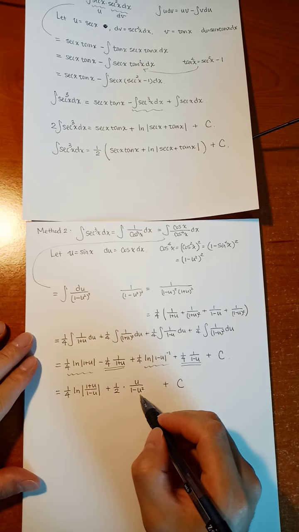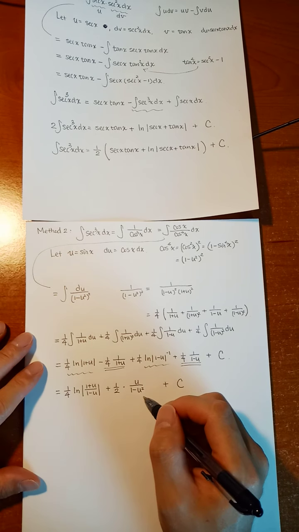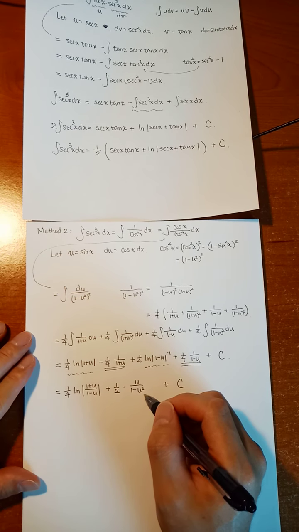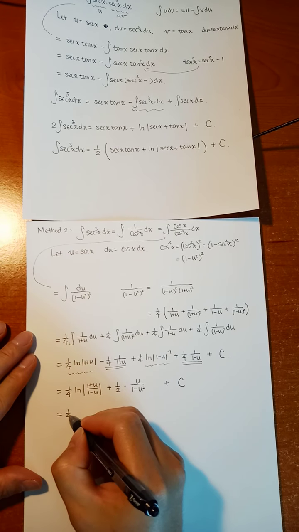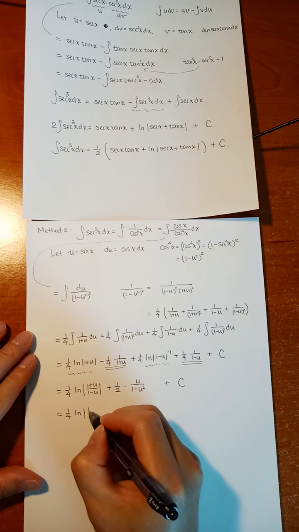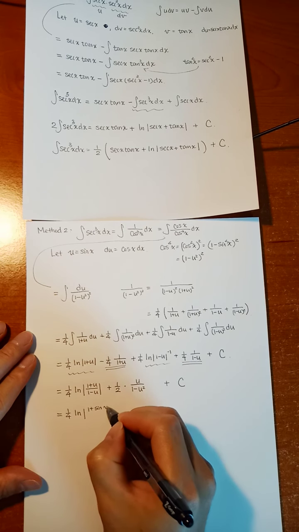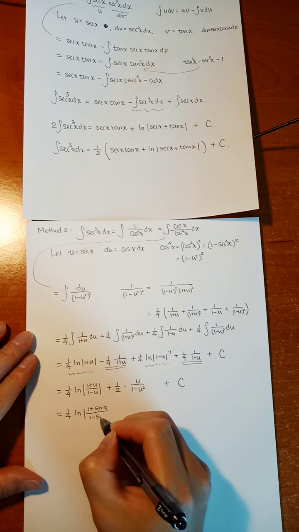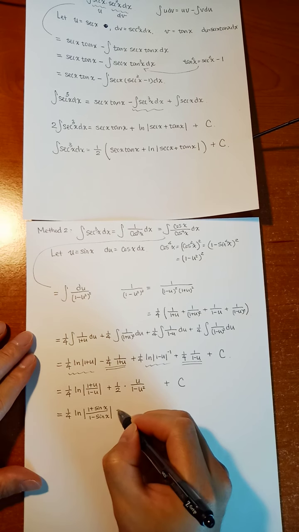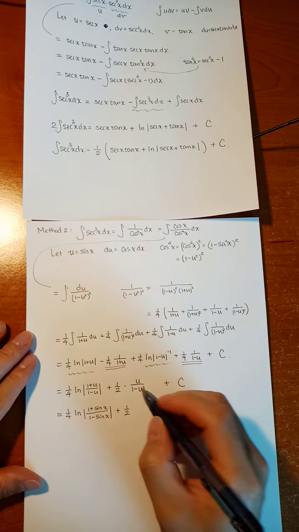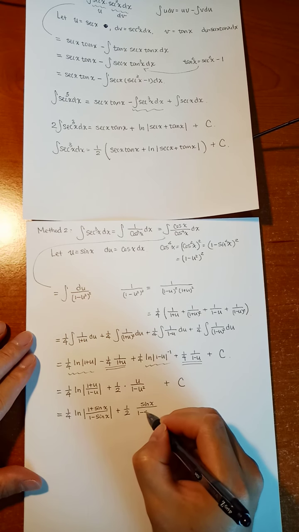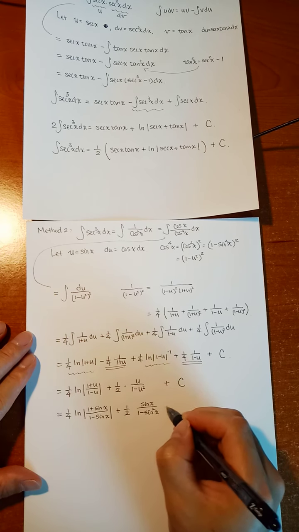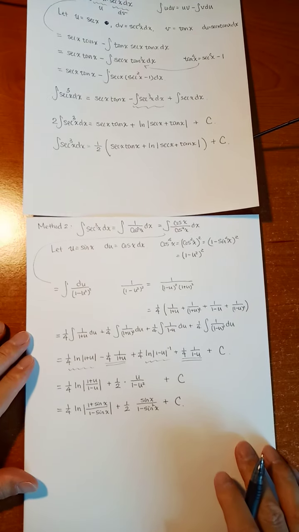Now let's continue. u is sine of x. So we get 1 over 4 natural log of 1 plus sine of x over 1 minus sine of x, plus 1/2. The numerator is sine of x, and the denominator is 1 minus sine of x squared, and plus c.